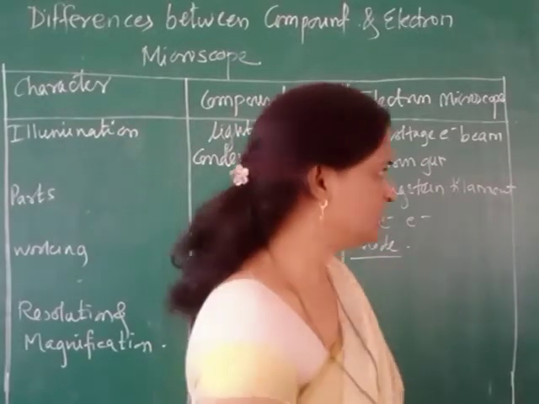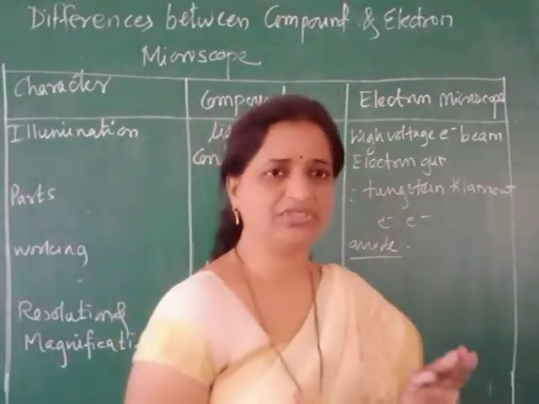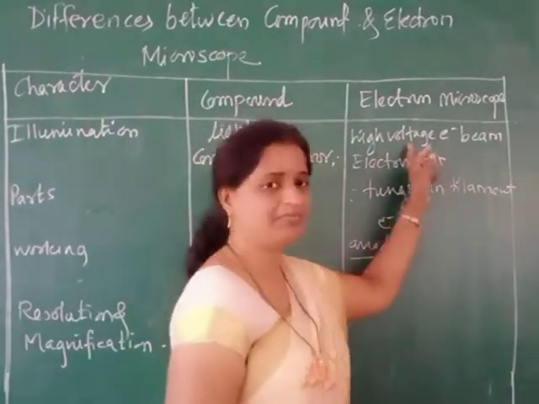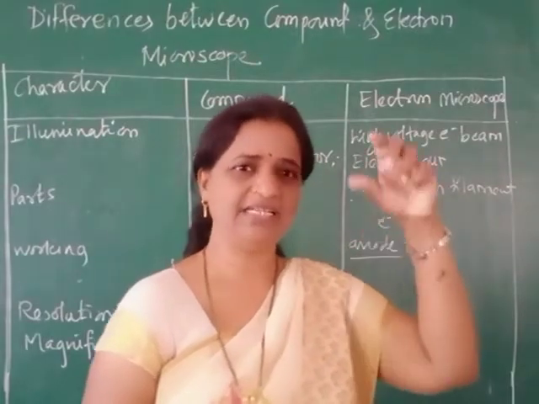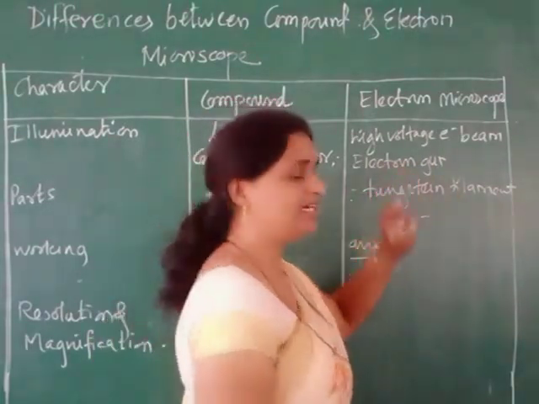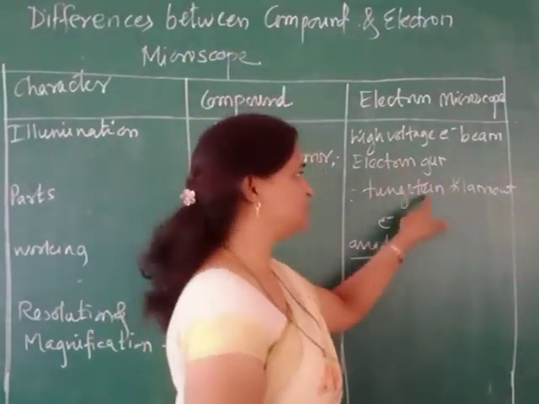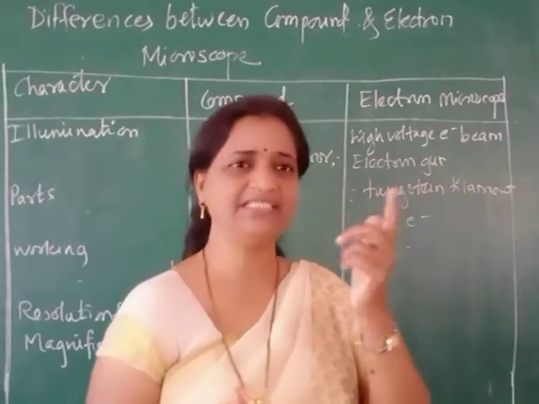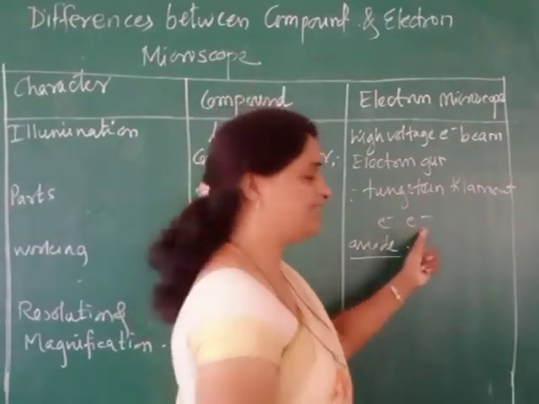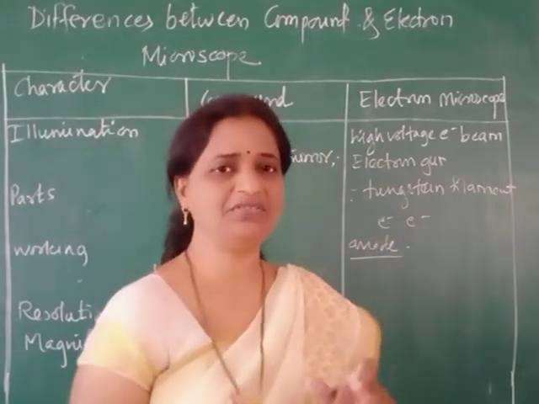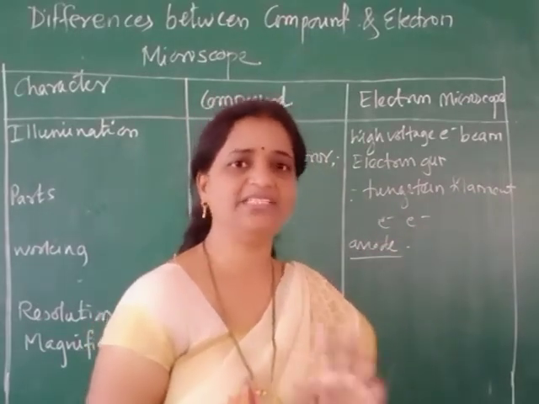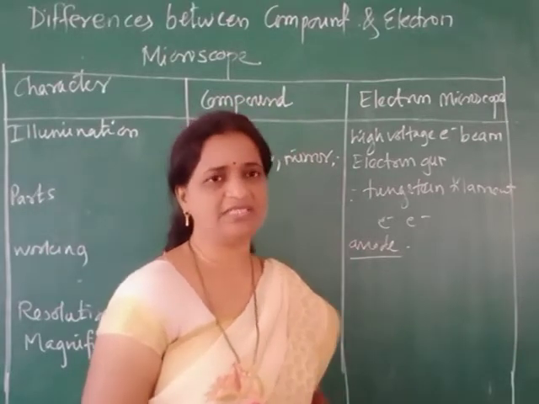So this electron beam is generated. The high voltage electron beam is the form of illumination. Instead of light, there is an electron beam, generated by the electron gun, which consists of a tungsten filament heated at high temperature, and the beam is directed with the help of a positively charged anode. That is the nature of illumination in the electron microscope.